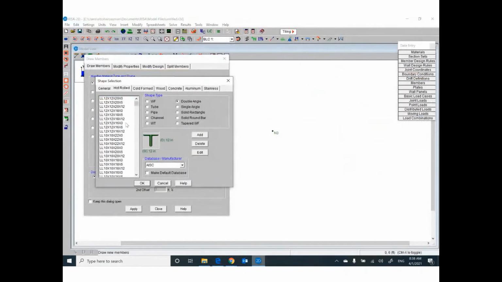So I will look here, 5 times 5 times 1/4. You can pick any 5 times 5. We don't care about the third number, so I will pick this one, for example. Okay.